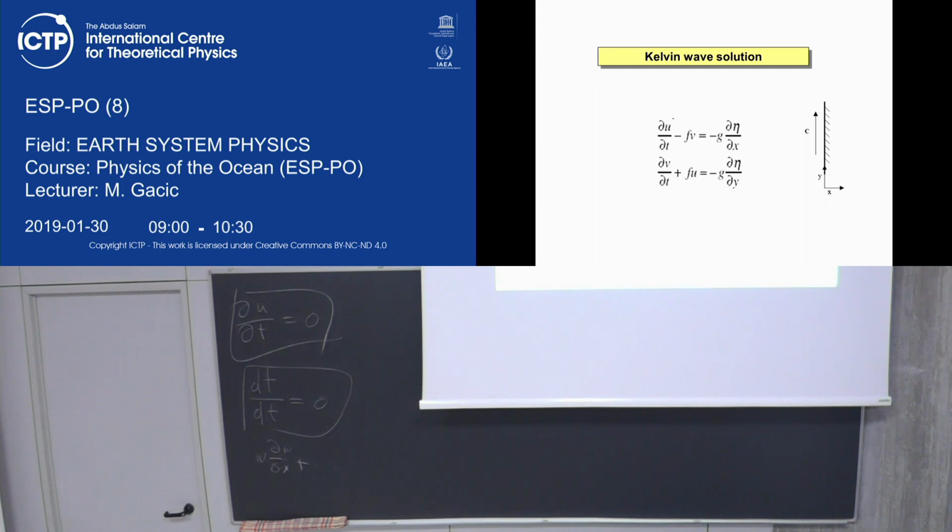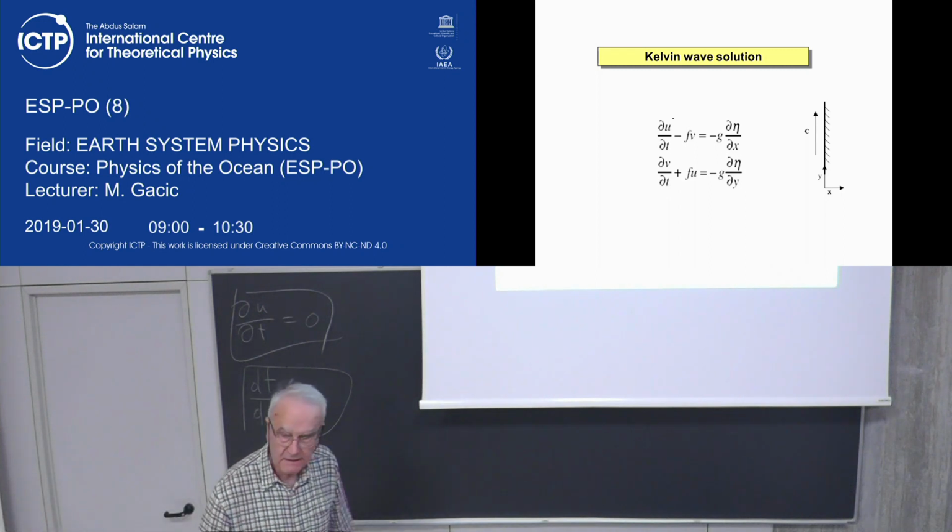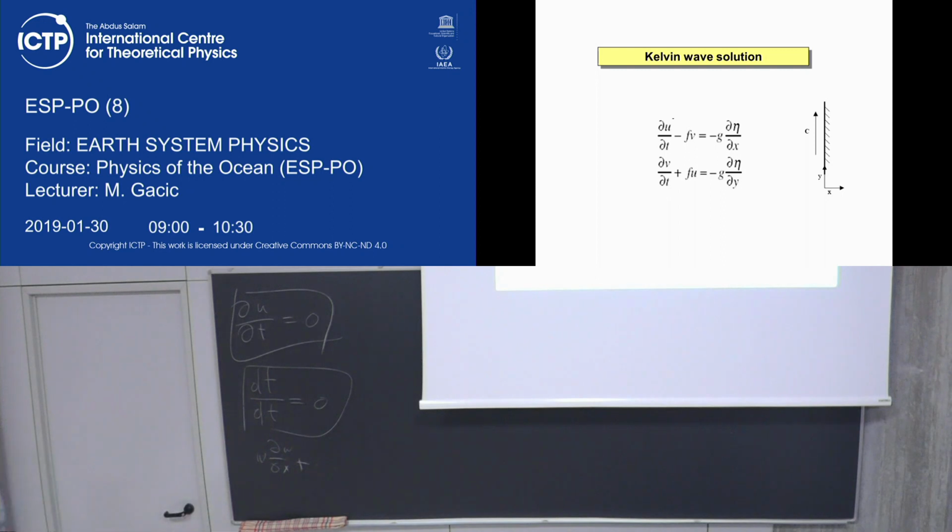By doing these types of measurements, we demonstrate quite often that these steady state solutions are a good approximation of the real processes in the ocean. We have shown this on the large scale oceanic circulation, on the subtropical gyres in the world ocean.